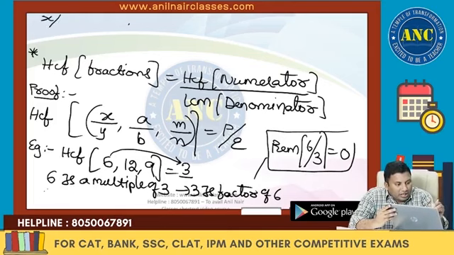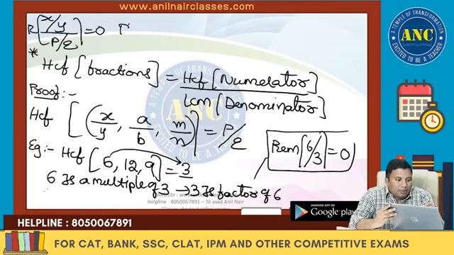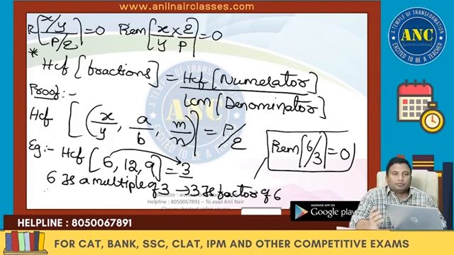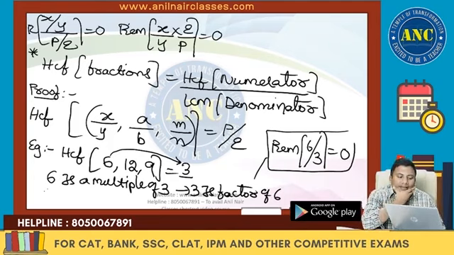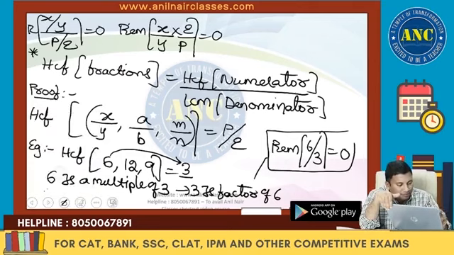According to this example, x by y divided by p by q, remainder should be 0. That means x by y into q by p should be 0. Are you all with me?